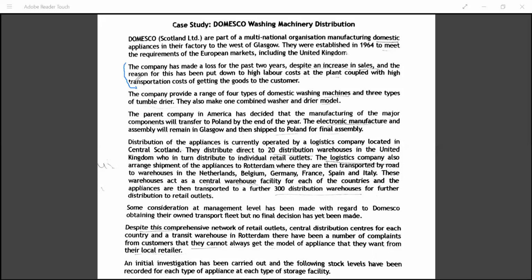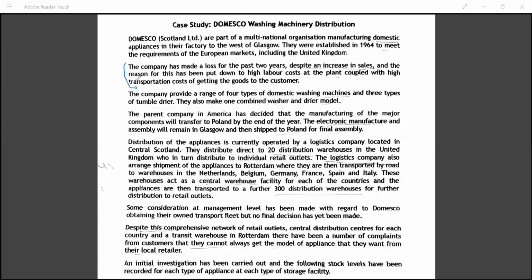The company is facing problems with the current storage and distribution system. If you recall from the discussion, here the company is facing downstream market issues.